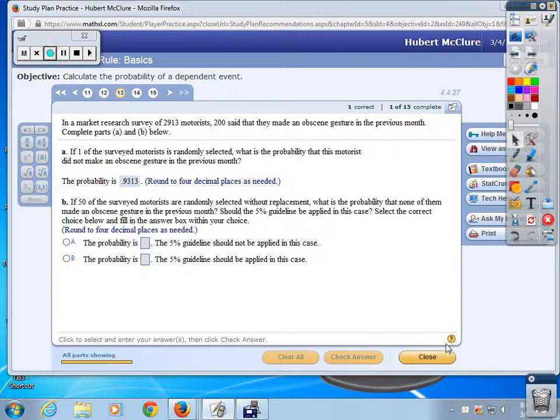We'll just do the math. Don't worry about the 5% guideline. If 50 of the surveyed motorists are randomly selected without replacement, what is the probability that none of them made an obscene gesture? In other words, they did not make an obscene gesture.